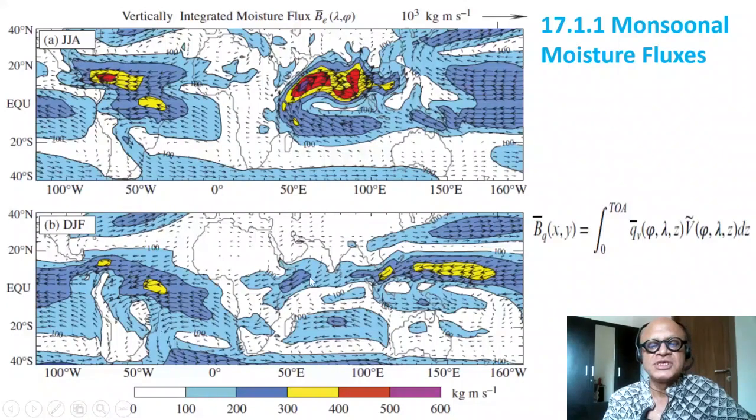And during DJF you can see that the winds change and the moisture fluxes are very different, both over Africa as well as over the South Asian monsoon region. So this gives you a sense that strong monsoon and strong Findlater jet or a low-level jet will have certain impact on the cross-equatorial heat transports, as well as air-sea interactions and ocean dynamics themselves.